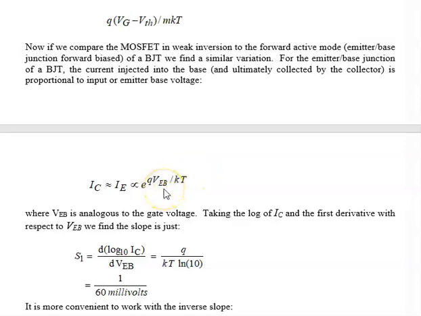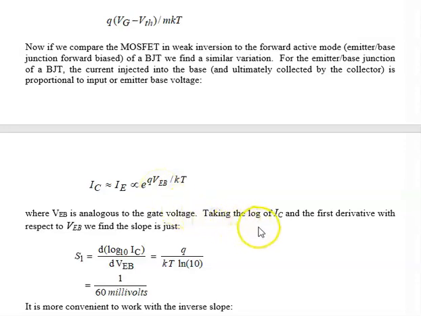So V_EB would imply that we have a forward bias on the emitter with respect to the base. So the emitter-base junction is forward biased. If it was BE, then we would suspect that we have an NPN. So that's really not important.